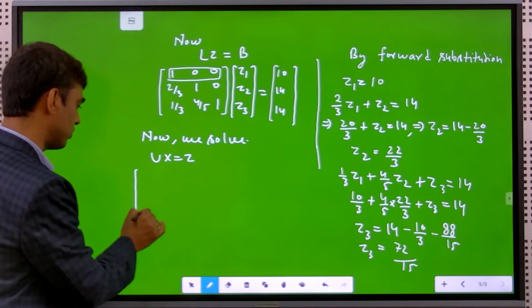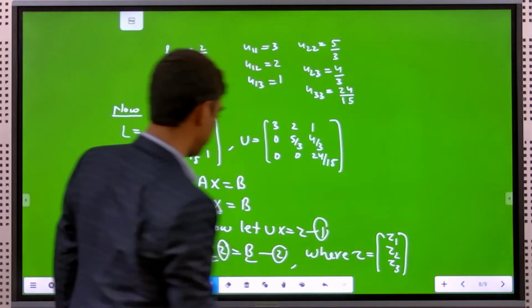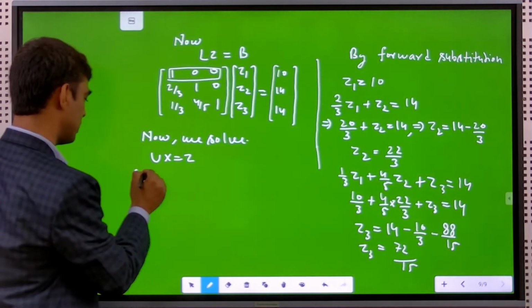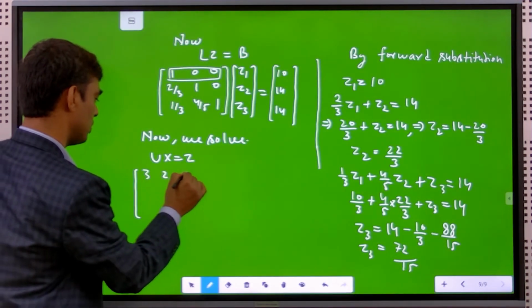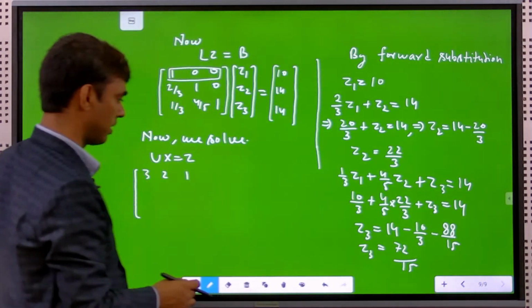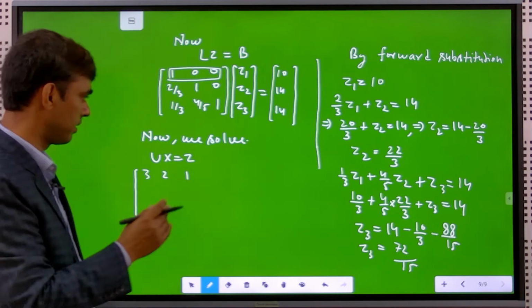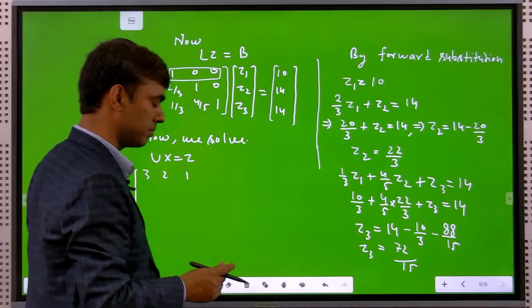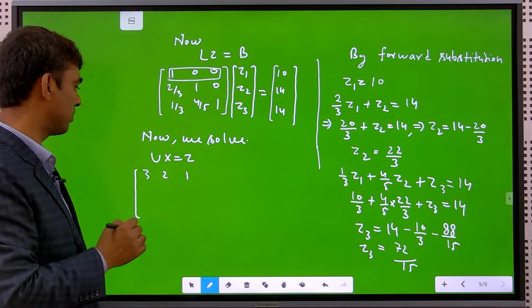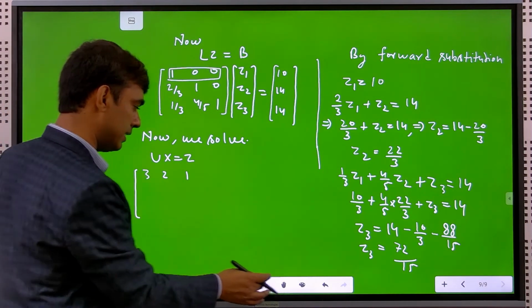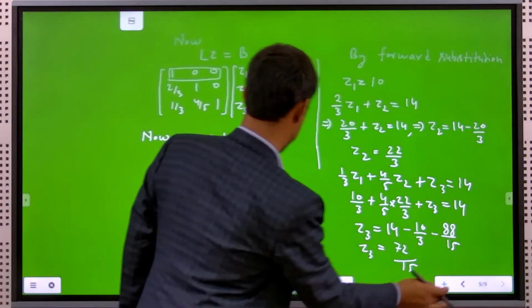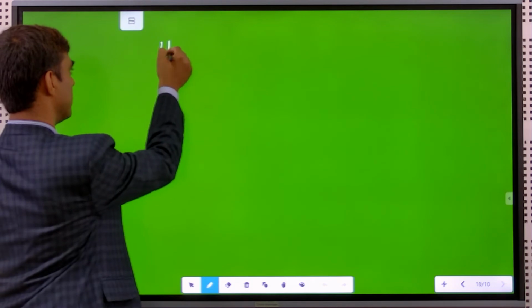Here we note down the values of U. If we write it on the next page, it becomes much easier, because we need to find the values of x. So rather than writing here, we write on the next page.